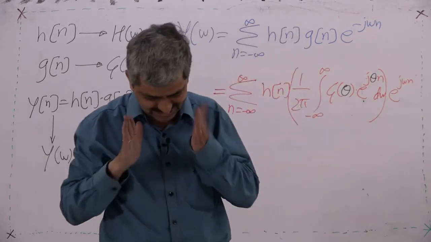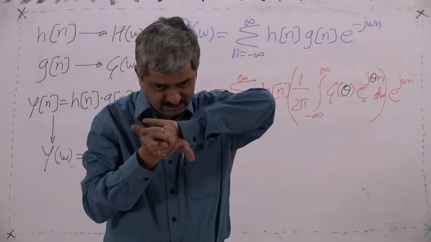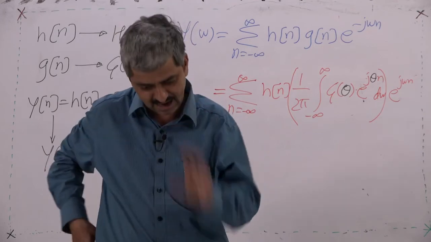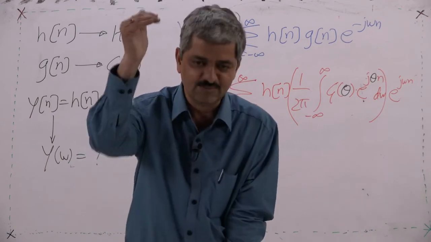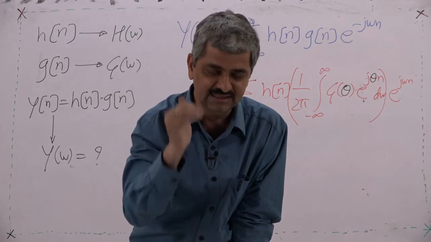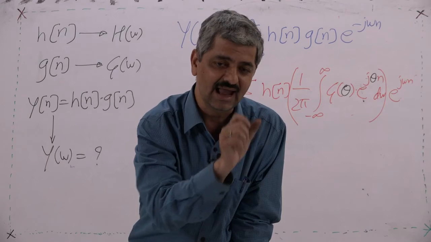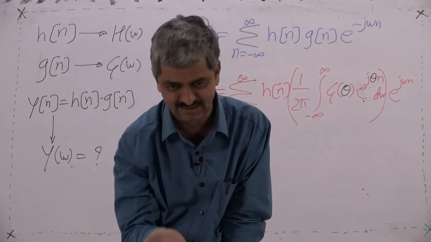If we use the same omega, then we cannot reverse the order of summation and integration. So what is the inverse DTFT? It is 1 upon 2 pi times the integration of the DTFT e raised to j n and the variable over which you are integrating. So omega you can take as any variable.